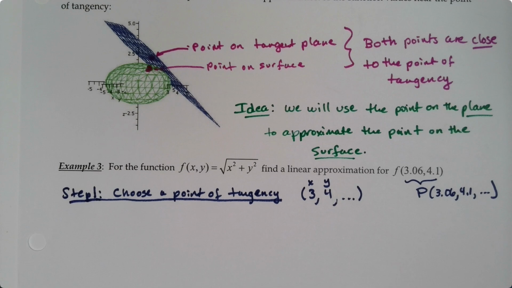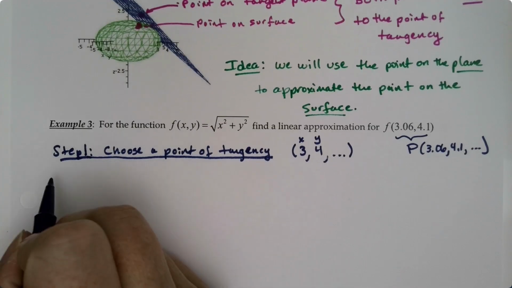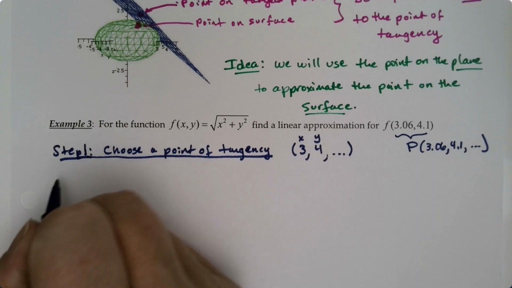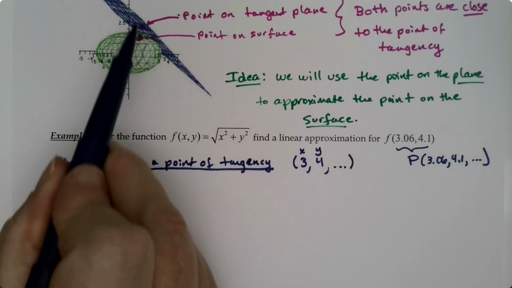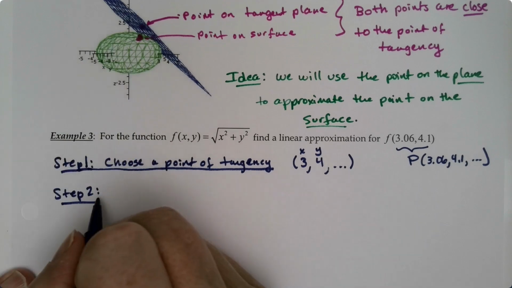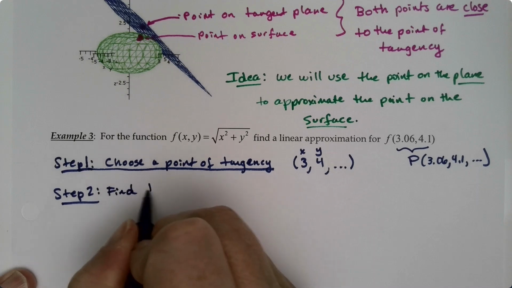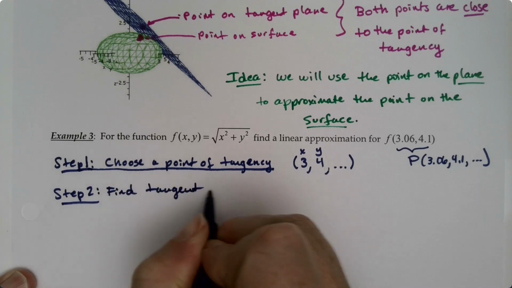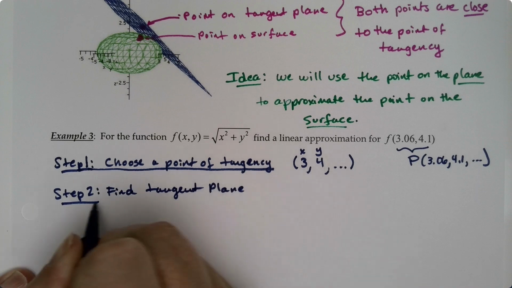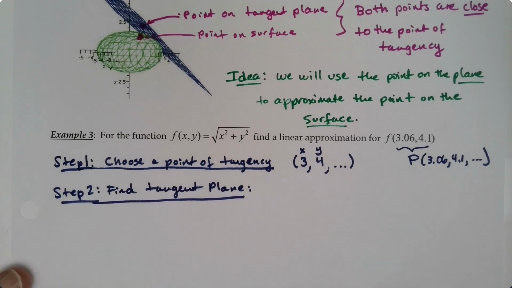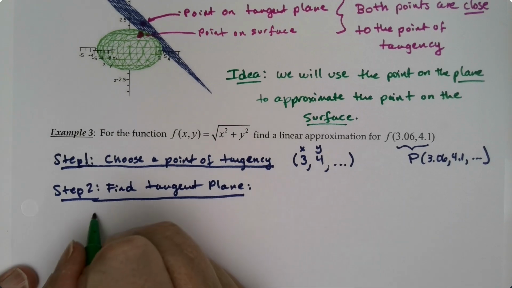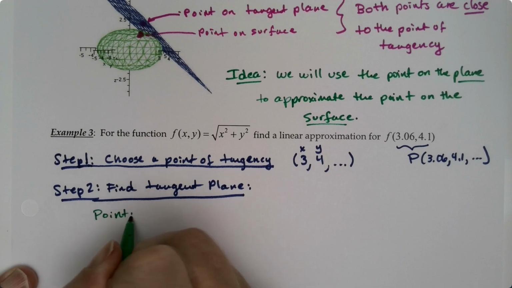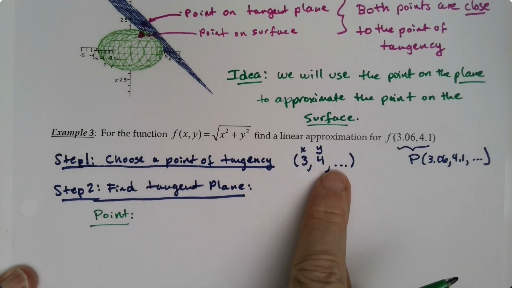Okay, next we're going to find that tangent plane, because we need the plane to be able to do this. So find tangent plane. Well, to find the tangent plane, we need a couple things. We need a point. So we're actually going to have to find that third component.